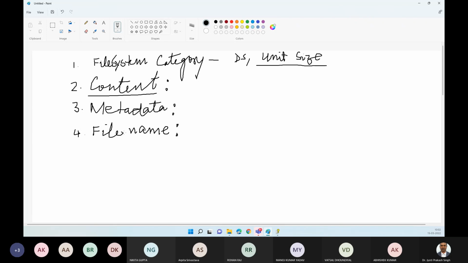So now you can assume that the file name, by the name itself, is quite clear. It is the name normally given to a file for the benefit of the user, so this is for user interaction.